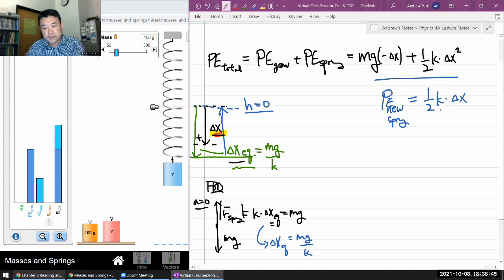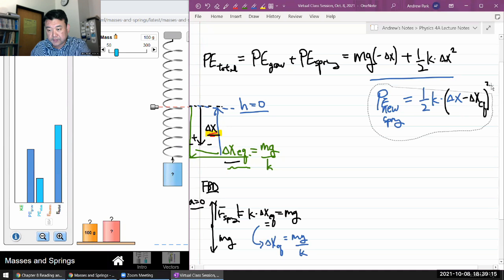And one way to get that is to do a little bit of translation, a transformation of function. Let me write it down and we can double check to make sure that it looks right. So the transformation I want to do is this. Where I see delta x, I want to replace it with delta x minus delta x equilibrium. And then the square is still there.